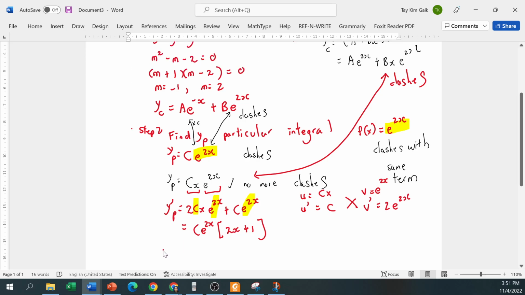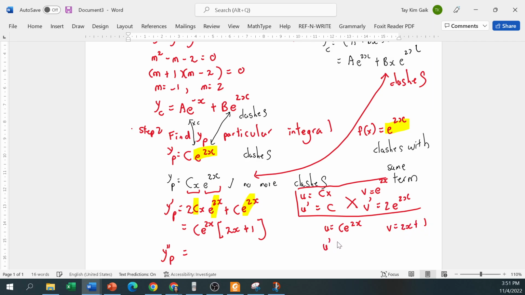Okay, and differentiate a second time to get the second derivative. So again, you need to apply the product rule, where u is c exponent 2x and v is 2x plus 1. So u prime is 2c exponent 2x, v prime is 2.